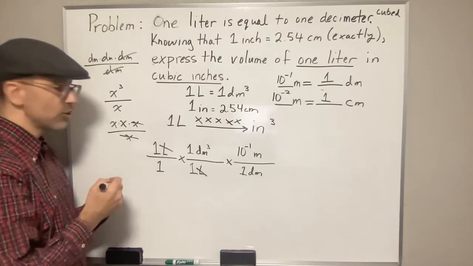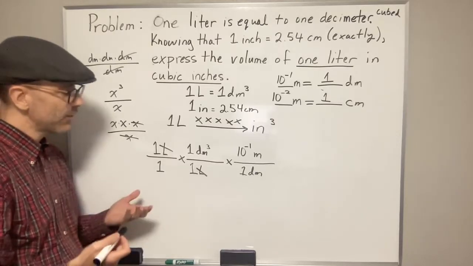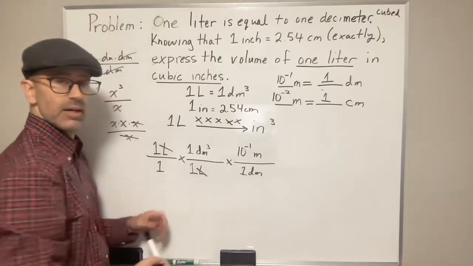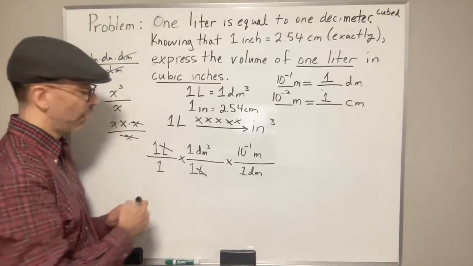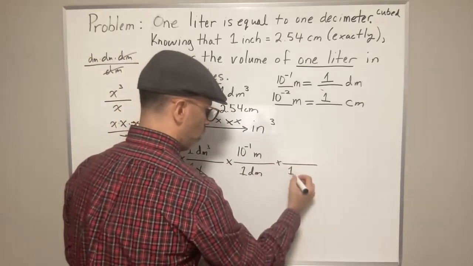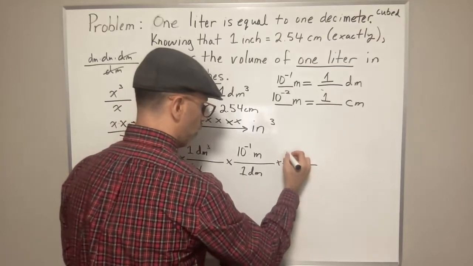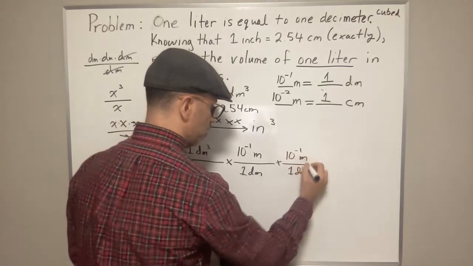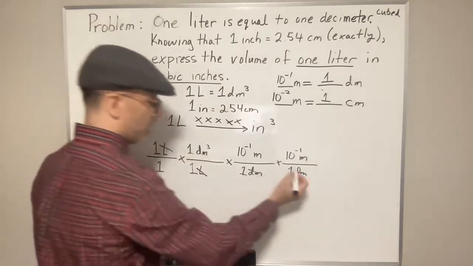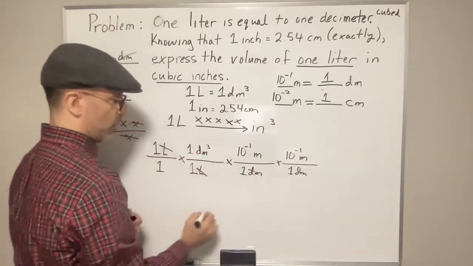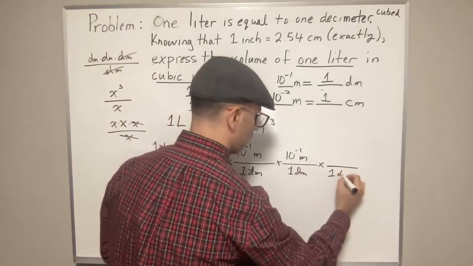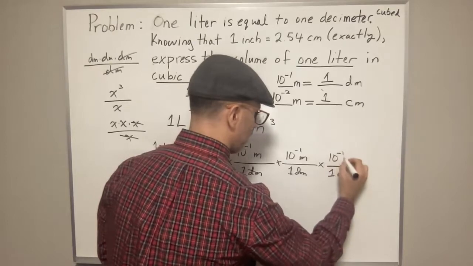So I need to do one of two things. Either you can multiply by the same conversion factor 3 times. I could just put another one there, 1 decimeter over 10 to the negative 1 meters, so that one would cancel out with one of those, this one with another one, and then I could do a third one, 1 decimeter over 10 to the negative 1 meters.